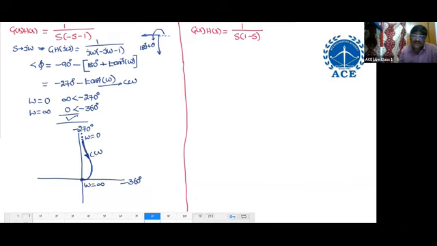Next, come on, fourth problem. S replaced by j omega. GH of j omega equal to 1 by j omega into 1 minus j omega. Phase: minus 90 minus of, which region is it?